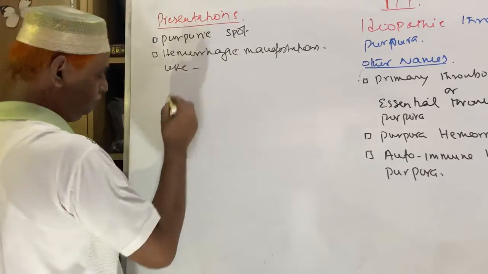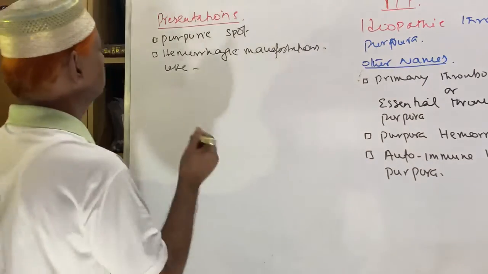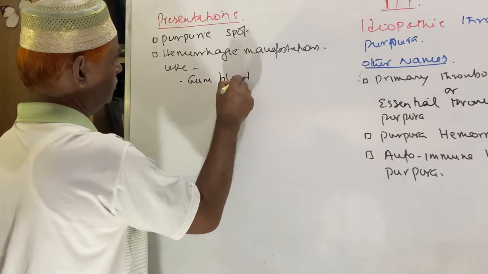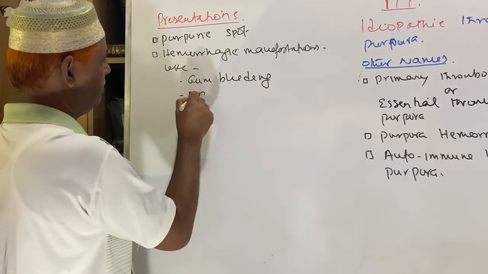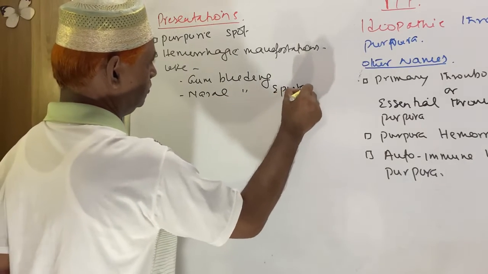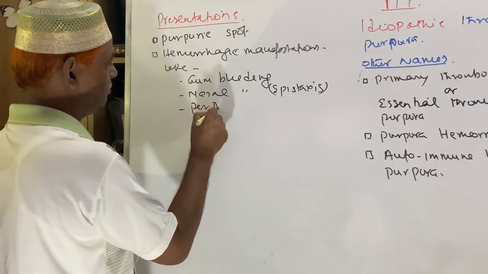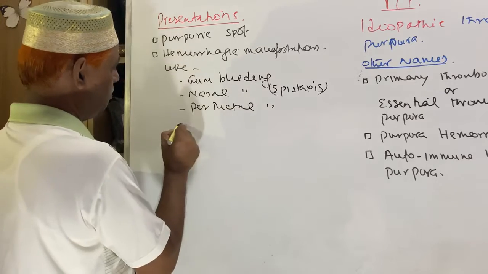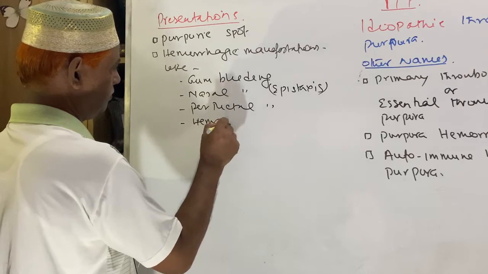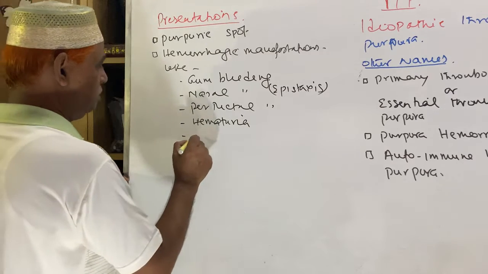Hemorrhagic manifestations like gum bleeding, nasal bleeding, it is called epistaxis, per rectal bleeding, patient may come to you with hematuria, patient may come to you with menorrhagia.